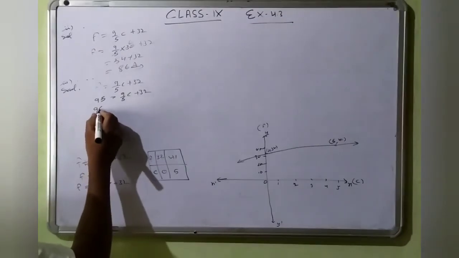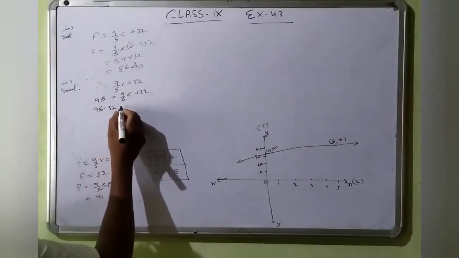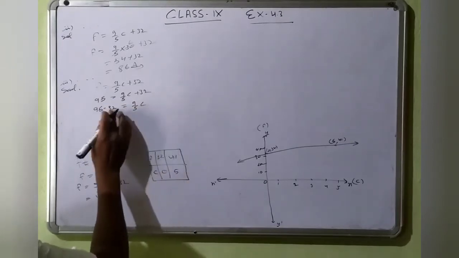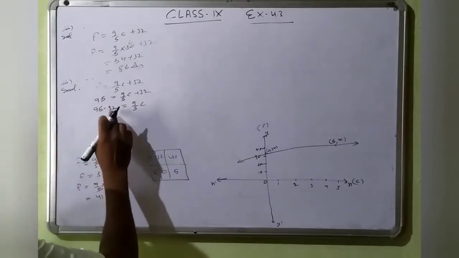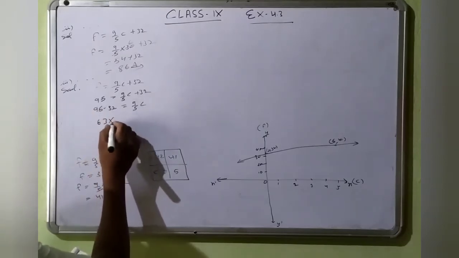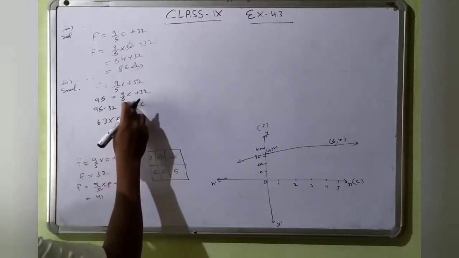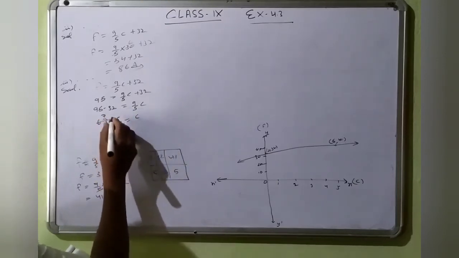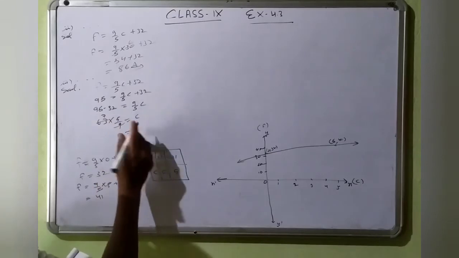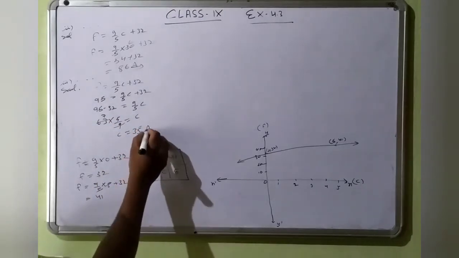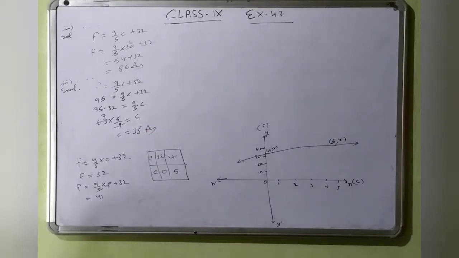So 95 minus 32 is equal to 9 upon 5 C. Subtracting, 95 minus 32 is 63. Multiply by 5 upon 9 by interchanging this C. So Celsius is equal to 7 fives are 35. Answer.